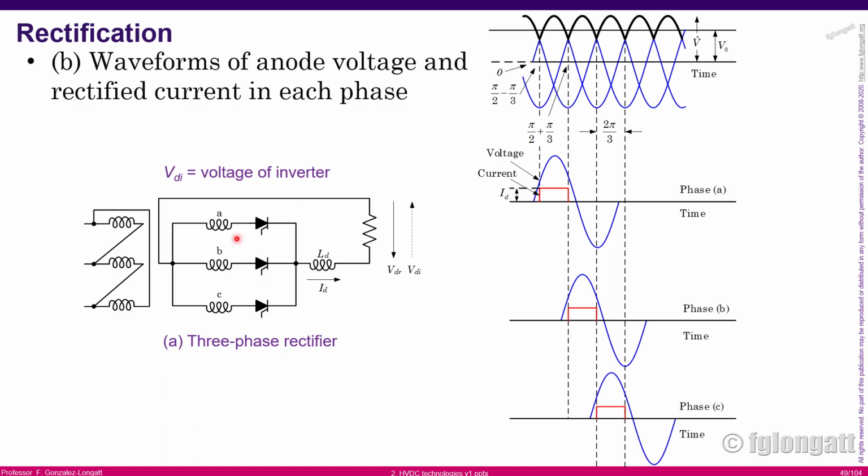In this three-phase rectifier, we use signals here on the gate. And we close those devices, but the device will open when the voltage across it goes to zero, okay?